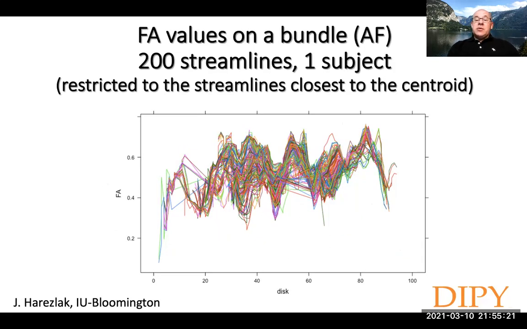One of the things that we can do is extract the data only from the streamlines that are closest to the centroid. Such an option is already implemented in the pipeline. So you might say, I only want to extract data from the streamlines that are, say, 2 millimeters from the centroid in this bundle.